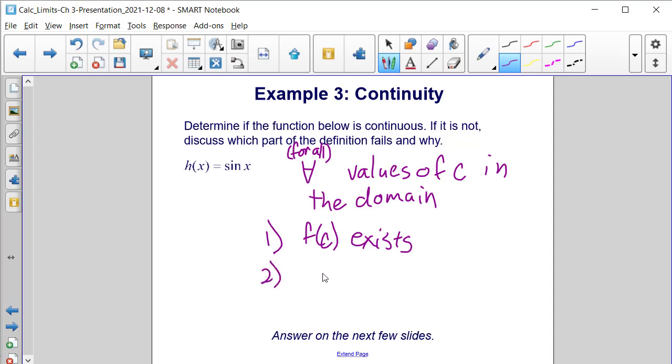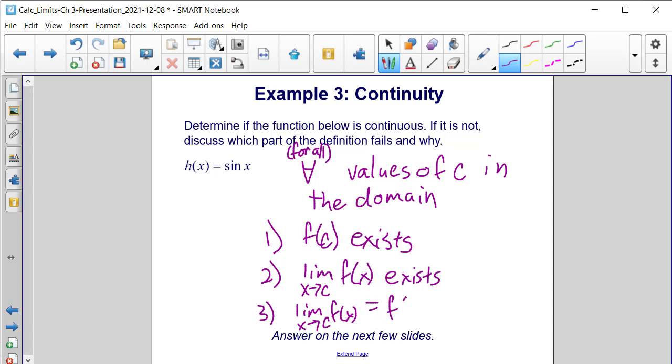Second condition is the limit of f of x as x approaches c also exists. And the third condition is that the limit of f of x as x approaches c is equal to f of c.